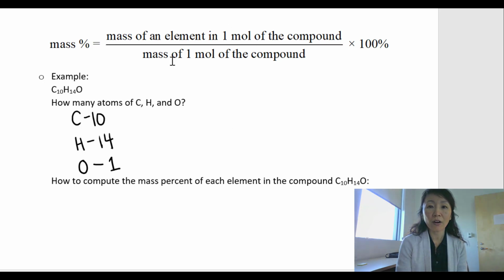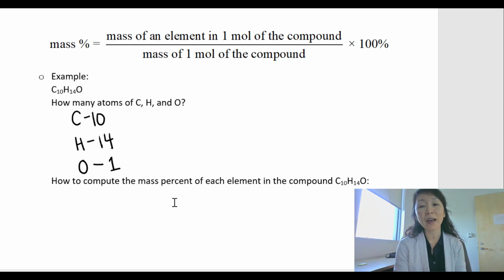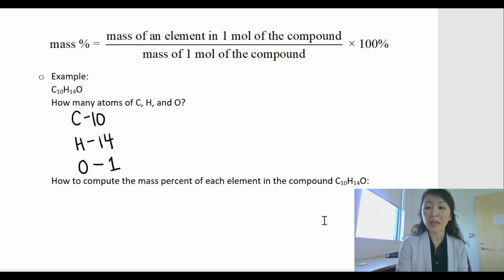Recall this right here on the top, that the mass percentage of each element is the mass of the element divided by the mass of the entire compound. So let's go ahead and find the molar mass of each element, and also of the entire compound. We're going to look at carbon first.